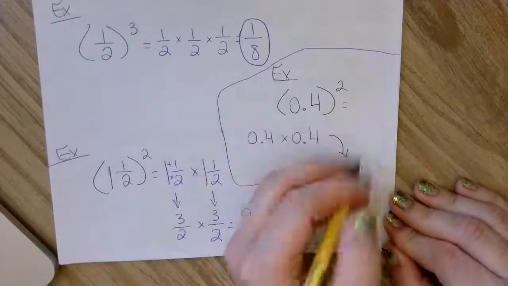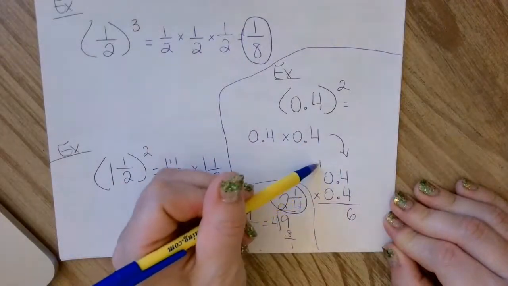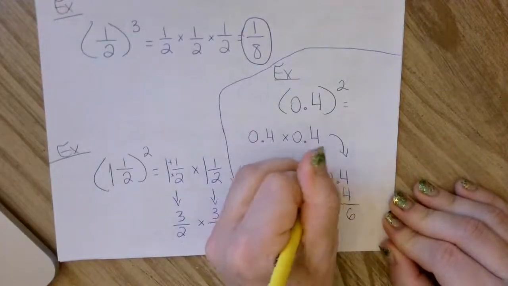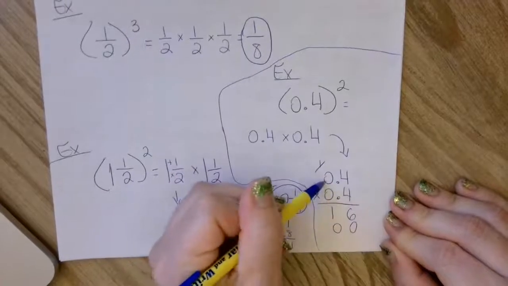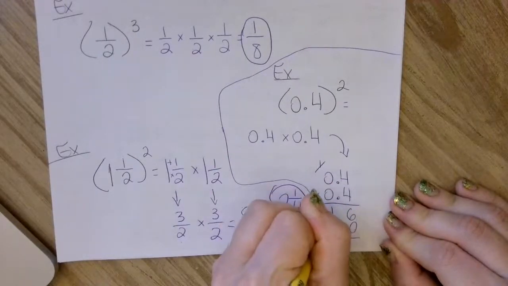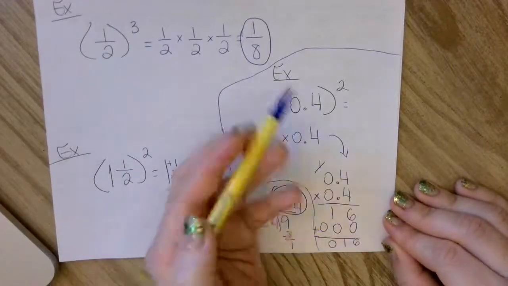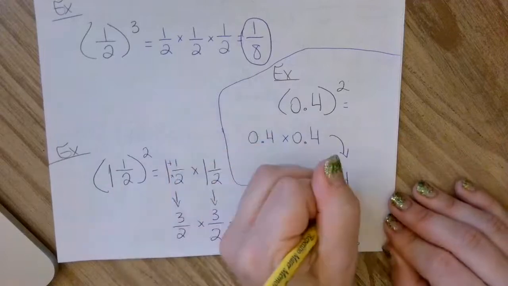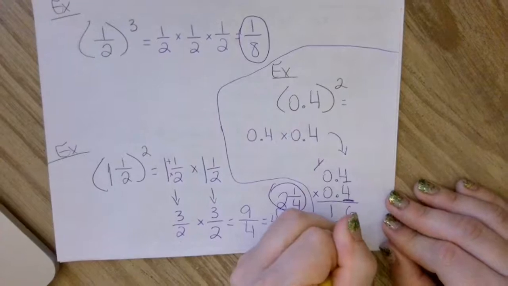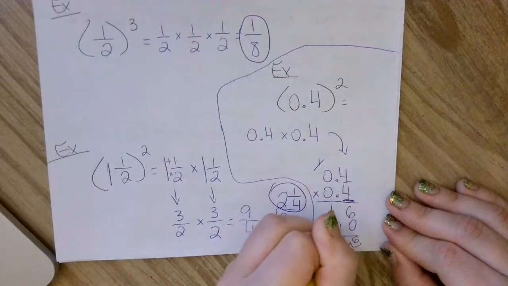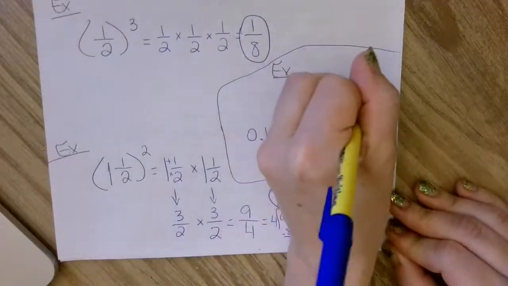So 4 times 4 gives me 16. 4 times 0 is 0, plus 1 is 1. 0 times 4 is 0. 0 times 0 is 0. And then remember, since I'm multiplying decimals, I count how many decimal places I have before moving my decimal. So 1, 2. So my answer is 0.16.